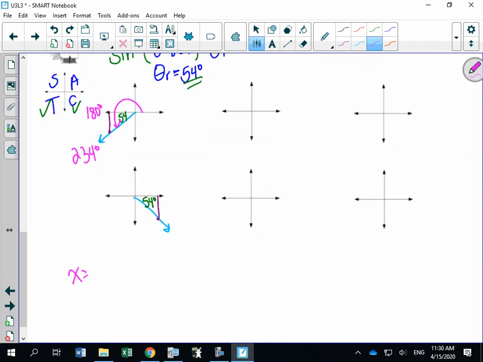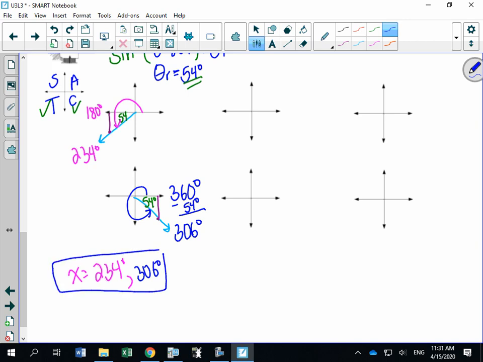So I'm going to write x is equal to 234 degrees. Then I need to find out what this rotational angle would be. So once around the circle is 360 degrees. 360 minus 54 degrees will give you a rotational angle of 306 degrees. Again, let's check on our calculator.